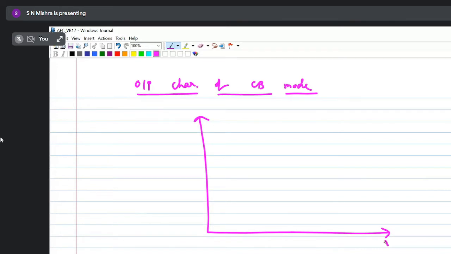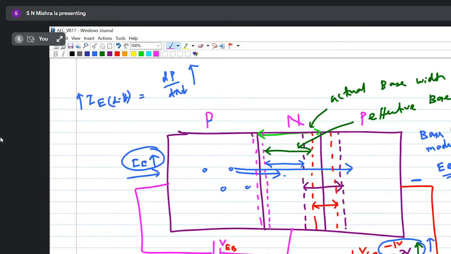Output voltage is my VCB, or if we want to plot the positive side, VBC in volt, and output current is IC in milliampere. It is 0. Now come to this diagram. Here, when we have open circuited the emitter base junction voltage, what current will I get?